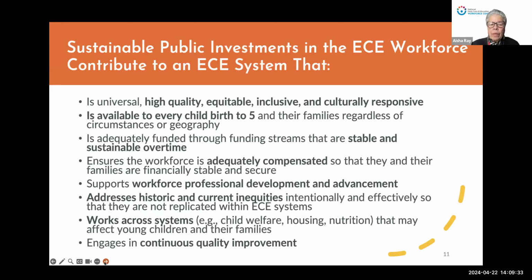When we think about sustainable public investments in the early childhood workforce that will contribute to an ECE system, what is it we want that system to have as its characteristics? We want it to be universal and of high quality, to be equitable, inclusive, and culturally responsive. We want it to be available to every child birth to 5 and their families, regardless of circumstances or geography.